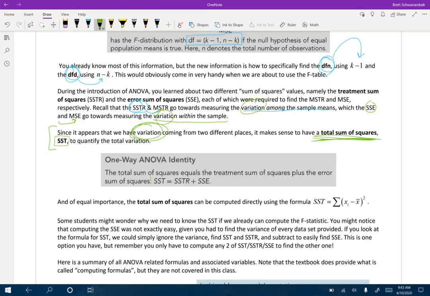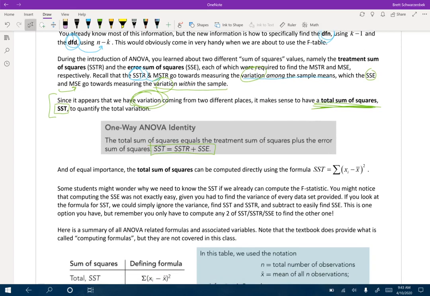So basically, SST is going to be equal to SSTR plus SSE. There's also a formula for calculating SST, and it is here. If you took each individual x and subtracted the grand mean x bar bar, then squared them and added them all together, you would get the total sum of squares.